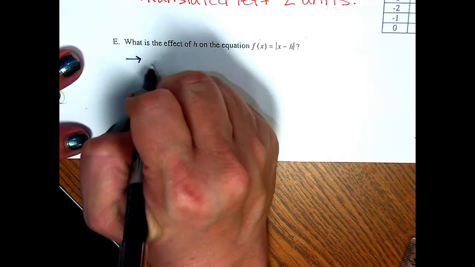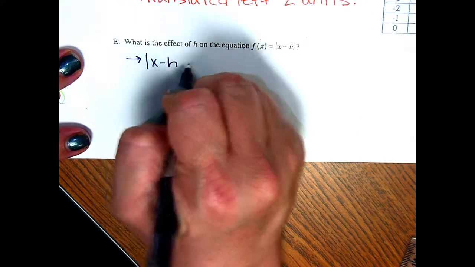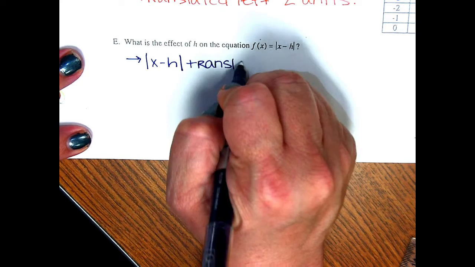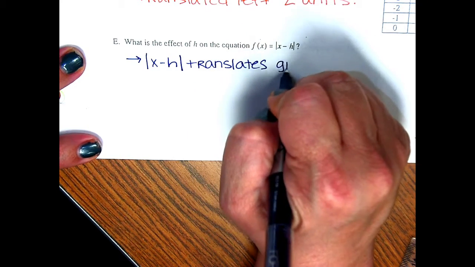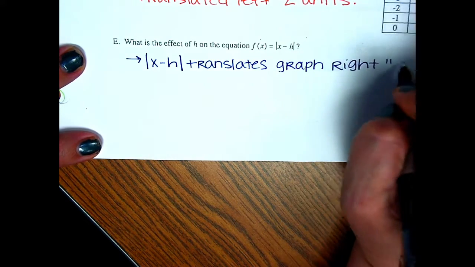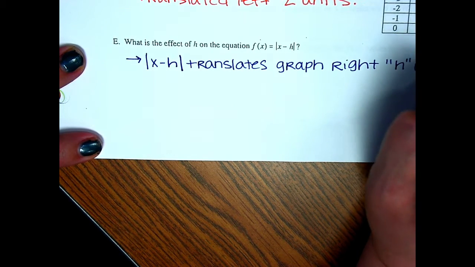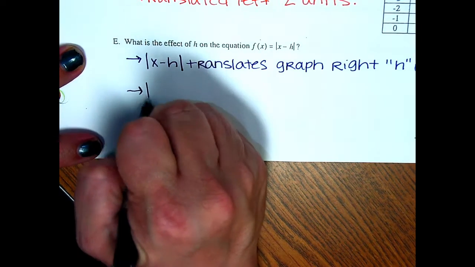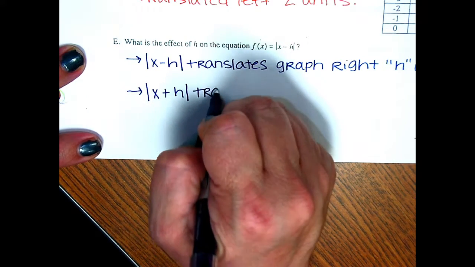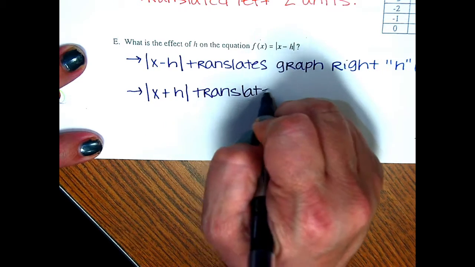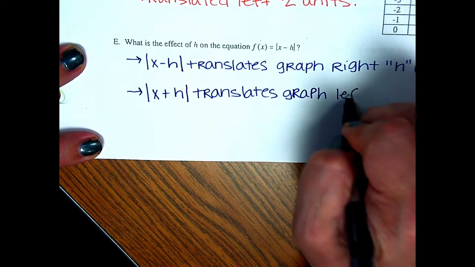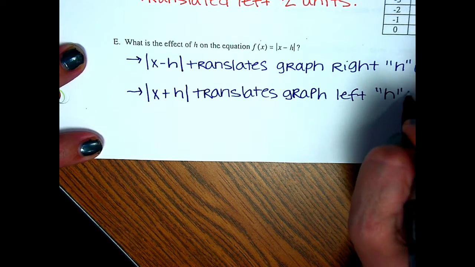Okay, so if I have x minus h, it translates the graph to the right h units, and when it looks like the absolute value of x plus h, it translates the graph left h units.